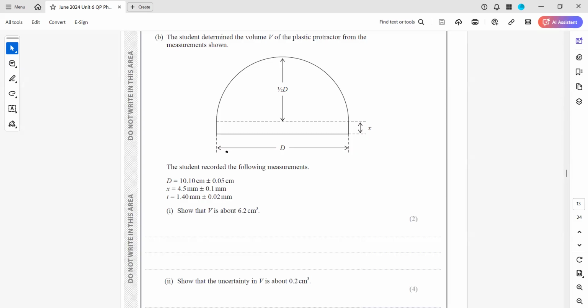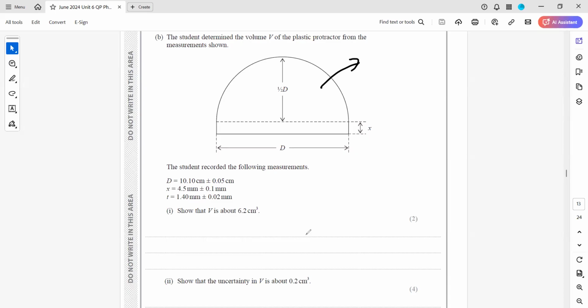You can use, look, this part is a rectangle, okay? And this part is a semicircle. What is the volume of the circle? Volume of a sphere is 4 by 3 pi r cube. What is the volume of the semicircle? So the volume of the semicircle, it's the same.